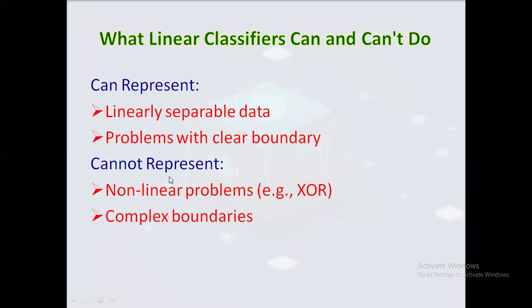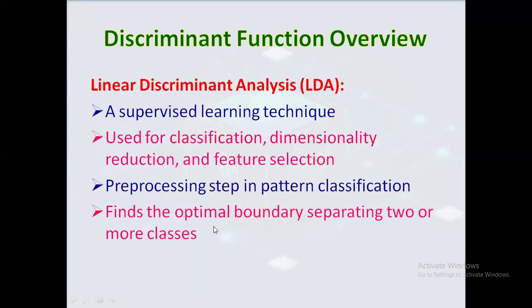On the other hand, they are ineffective when the data has complex nonlinear boundaries, such as in the case of circular or spiral class distributions. A well-known example of this limitation is their inability to solve XOR problems, where class separation requires a nonlinear approach.